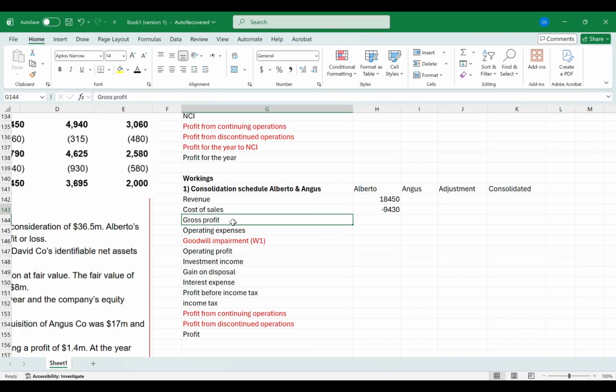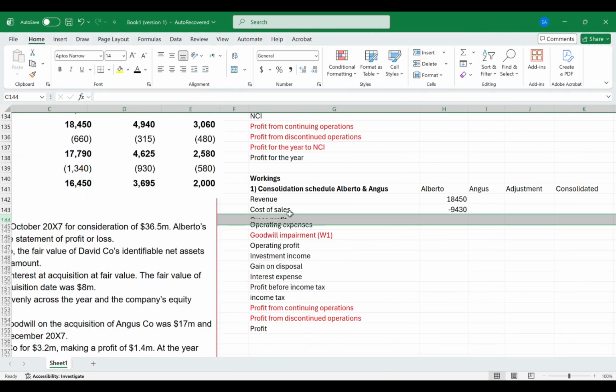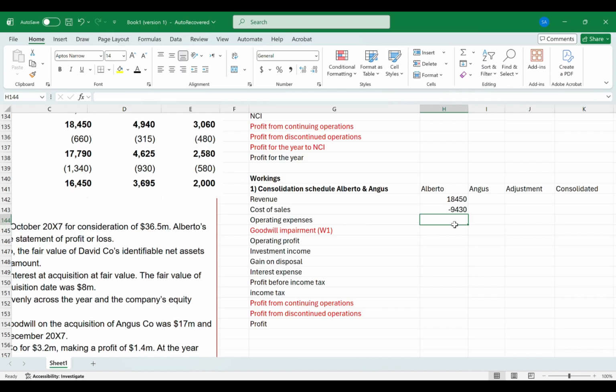So we do not need the gross profit here. Then comes the operating expenses minus 3,170. There is no adjustment for the parent. Even the goodwill is for the subsidiary.